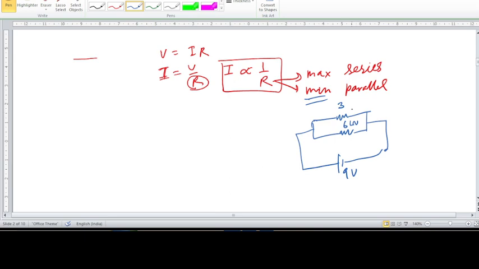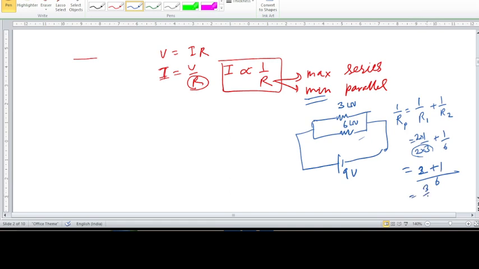3 ohm and 6 ohm resistance is there. Now you know well how to find the overall resistance. This is 1 by Rp, where P stands for parallel: 1 by R1 plus 1 by R2. So 1 by 3 plus 1 by 6. I am going to multiply the first term by 2, because then the denominator will become the same and it will be easier to take the LCM, and the numerator becomes 2 plus 1.